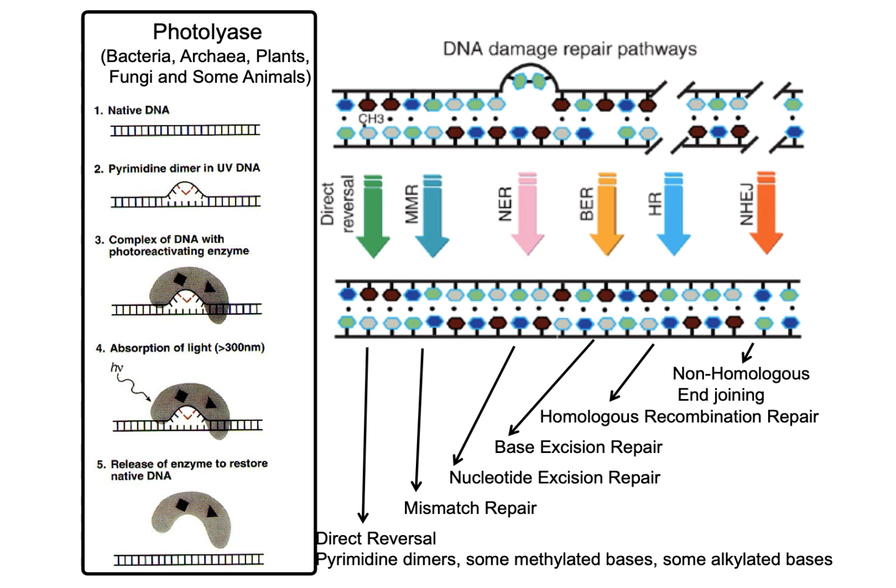And you can imagine the organisms that are exposed to a lot of sunlight, as plants are, and some fungi, that this would be a system that would be very efficient at dealing with pyrimidine dimers.